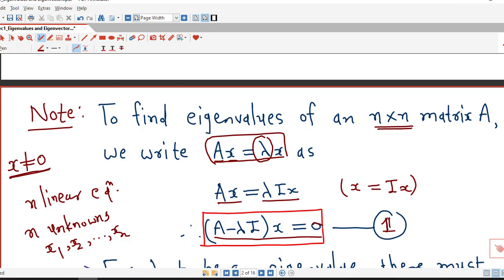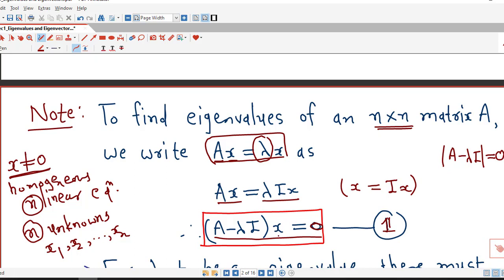And because the right hand side is the 0 vector, this system is homogeneous. As we have discussed in previous lectures, if in a homogeneous system the number of equations and number of unknowns are the same, then this system has non-trivial solutions, or non-zero solutions, if the determinant of the coefficient matrix, which is A minus lambda I here, is 0.